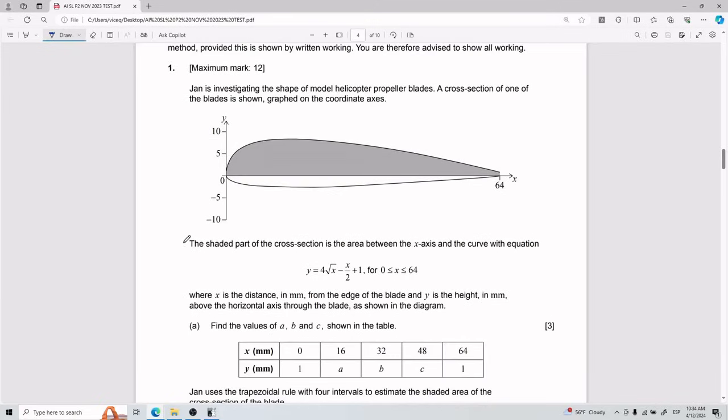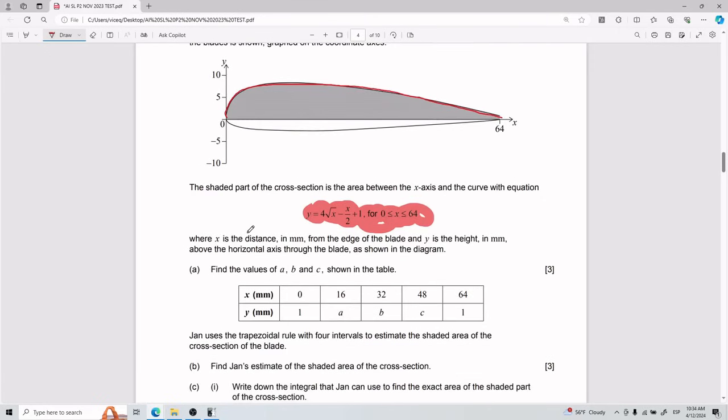And so she tells us that the shaded part of the cross section is the area between the x-axis and the curve with the equation blah. Now, let's really understand what is going on here. This equation is giving you this line here.